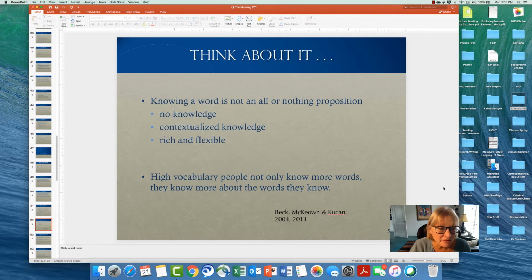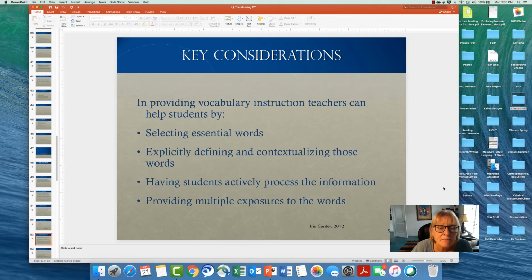I can use it in a variety of ways. I can come up with synonyms for that word. I can come up with antonyms for that word. I can explain it in lots of different ways. And so it's not only that people with large vocabularies know more words, but they know more about the words that they know.